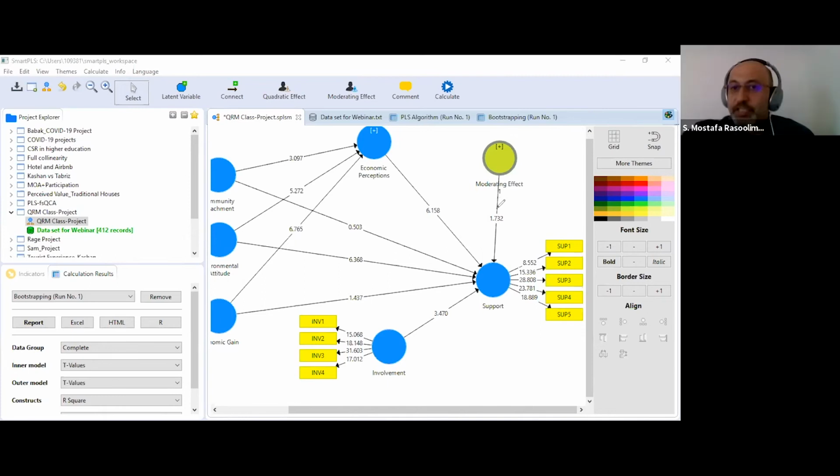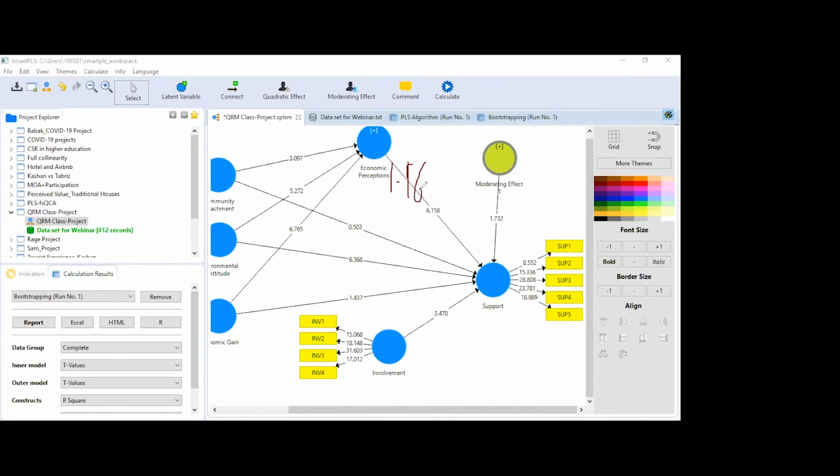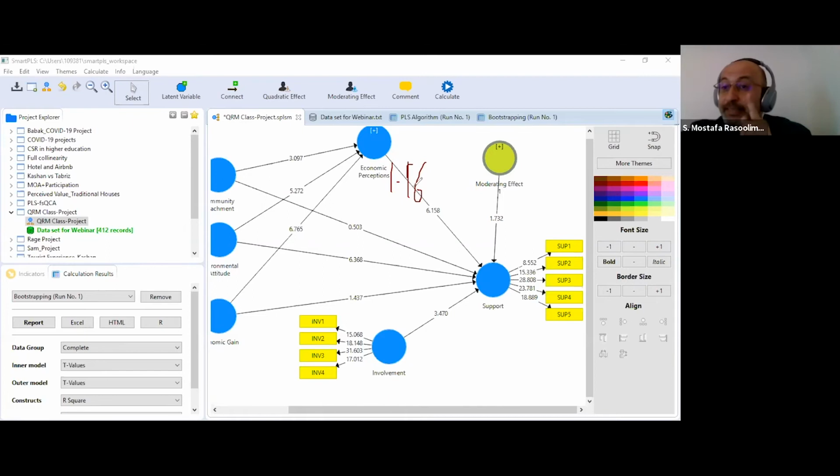The threshold for the t-value is 1.96. Oh, 1.96, yes. But for two-tail. For two-tail. But for one-tail it is 1.64. So your answer is correct.